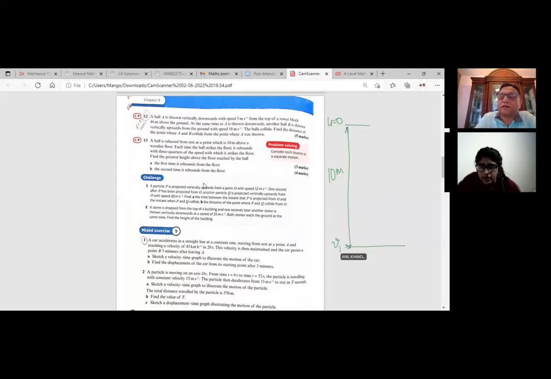So when it rebounds, v2 is equal to 3/4 of v1. Find the greatest height above the floor reached by the ball the first time it rebounds from the floor.